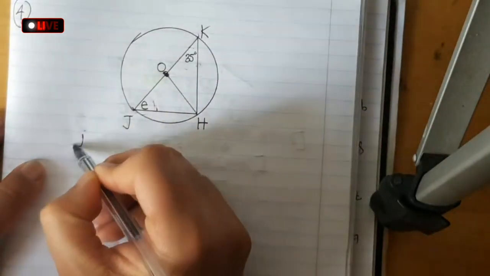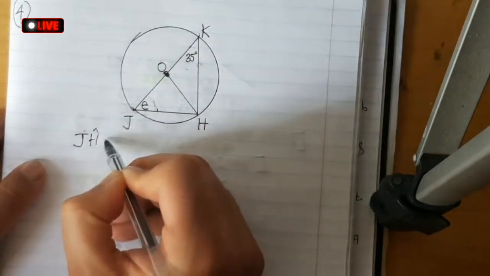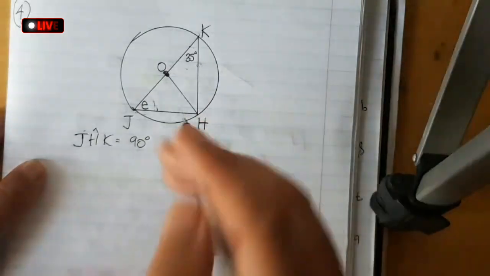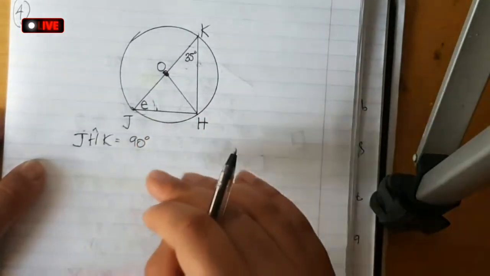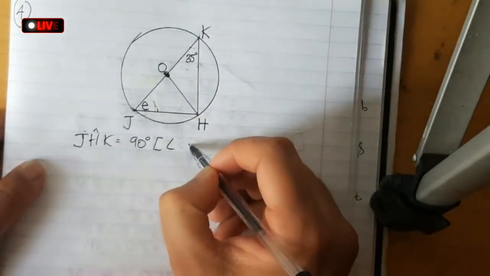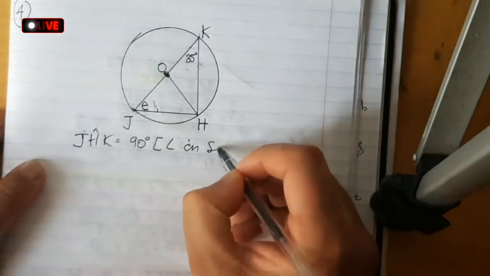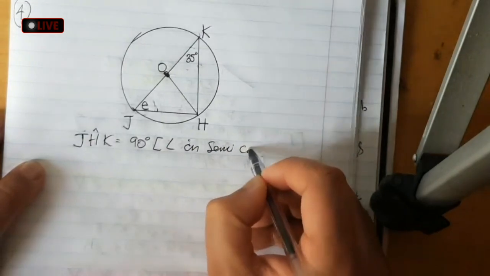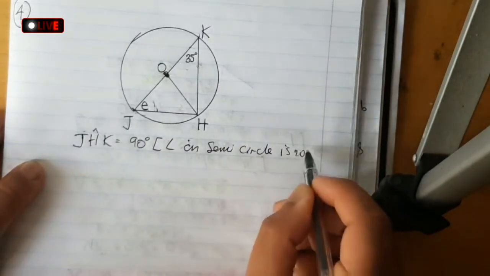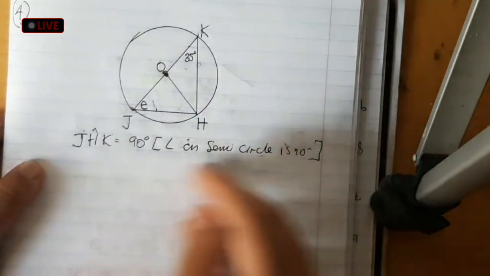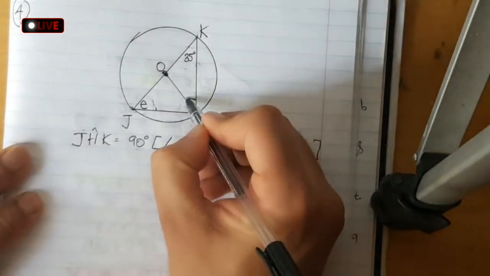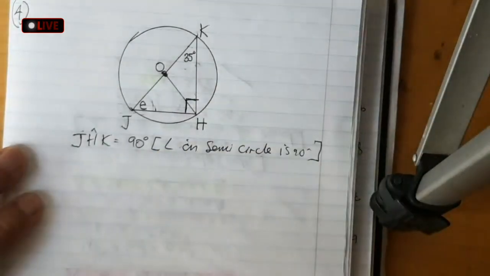I'm going to say angle JHK is equal to 90 degrees. Obviously, I can't just write it there. I need to write down a reason. The reason is angle in semicircle is 90 degrees. You can just say angle in semicircle.